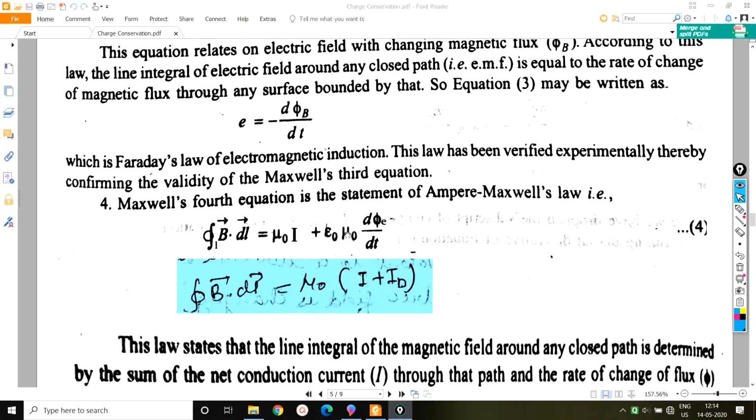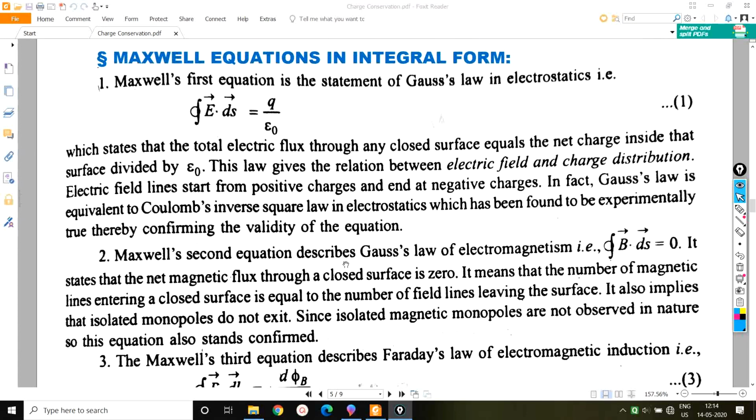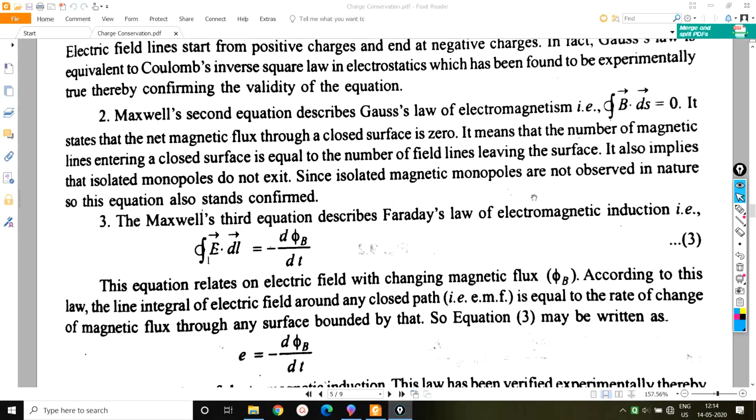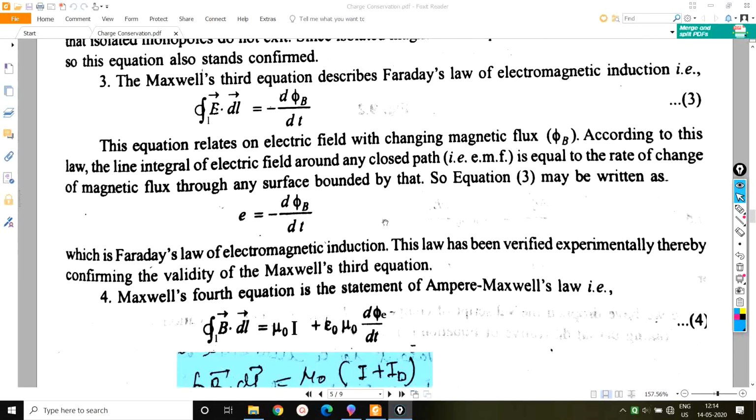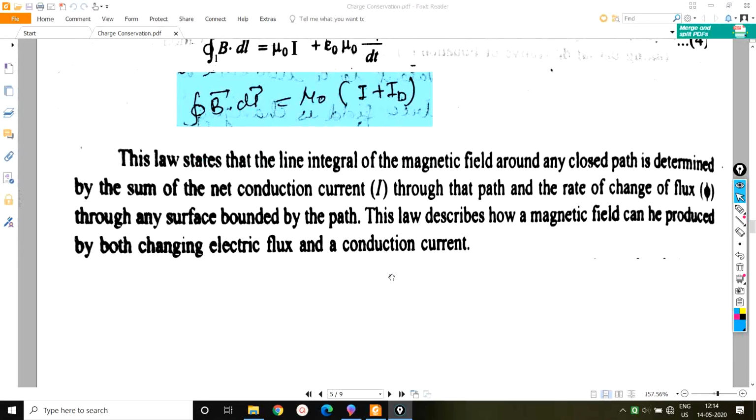And the modified Ampere-Maxwell law is also learned in class 12. So in examination, if you're asked the physical significance of Maxwell's equations, you write the significances which are given at the end of these equations, 1, 2, whatever is given in this particular page. These significances are there at the bottom.